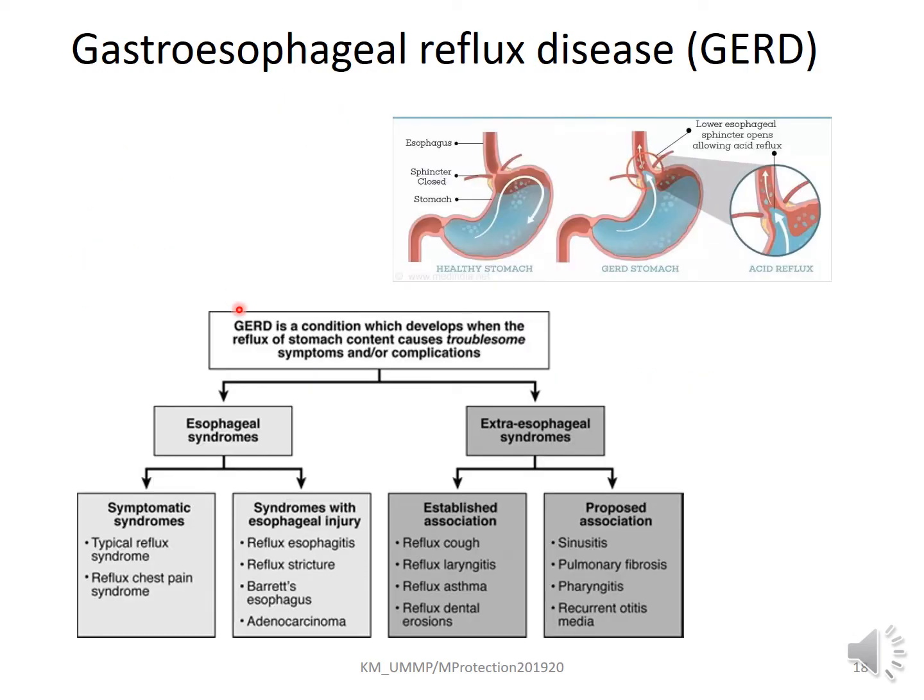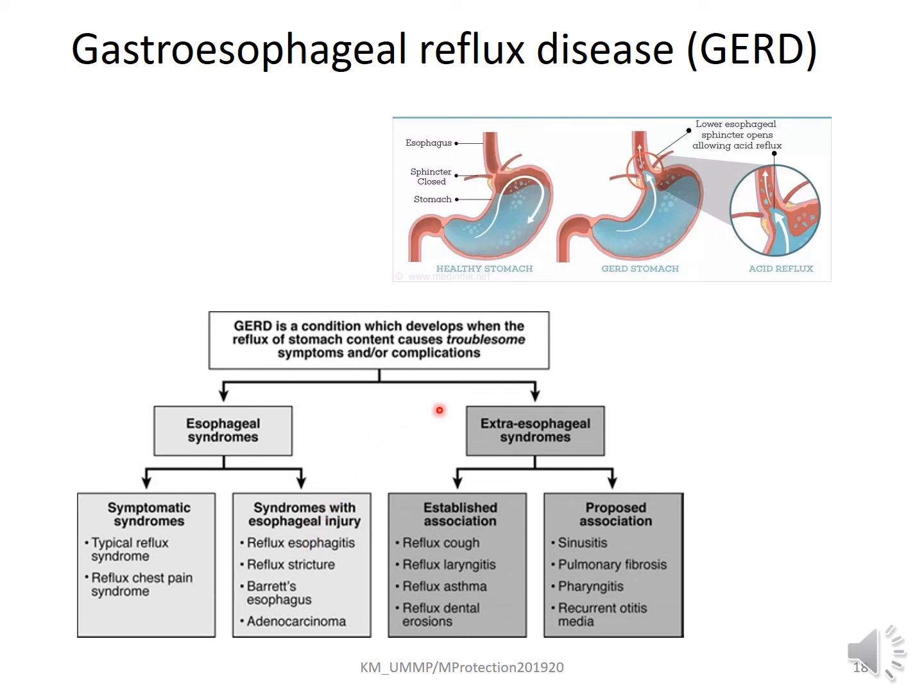Acid reflux can cause symptoms or complications. It can lead to gastroesophageal reflux disease, GERD, usually associated with two syndromes. The esophageal syndrome means symptoms are confined to the esophagus, with a symptomatic syndrome such as typical reflux syndrome, or sometimes a syndrome associated with esophageal injury.